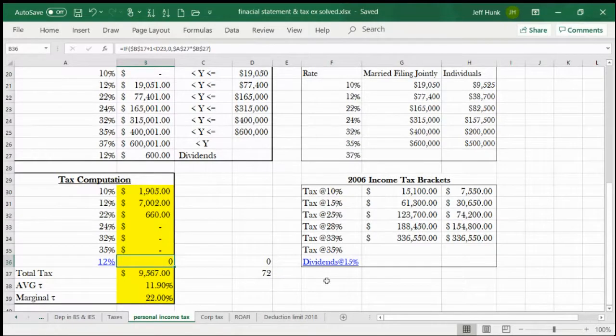And the rule, as I've been telling you, used to be if your marginal tax bracket is under 25%, you don't pay any taxes. But if you fall above the 25% marginal tax rate, then you pay 15%. That used to be the rule.